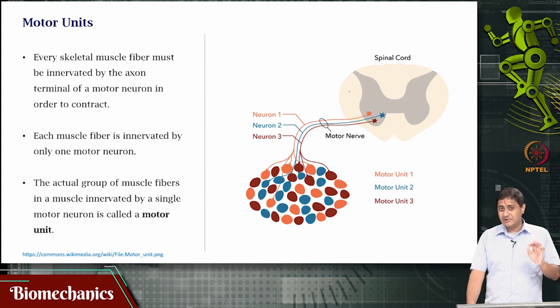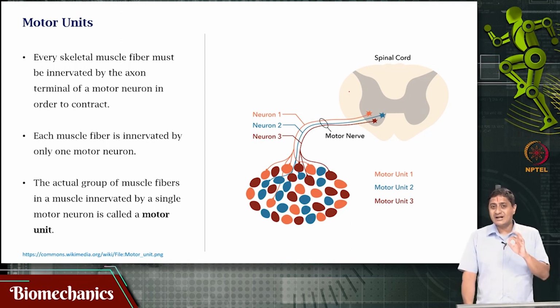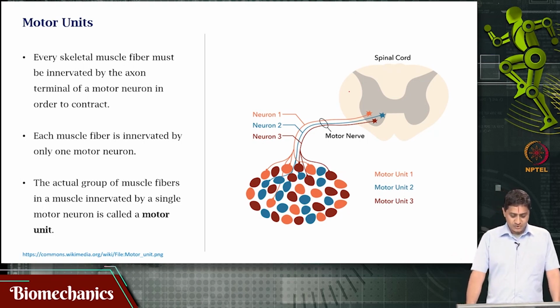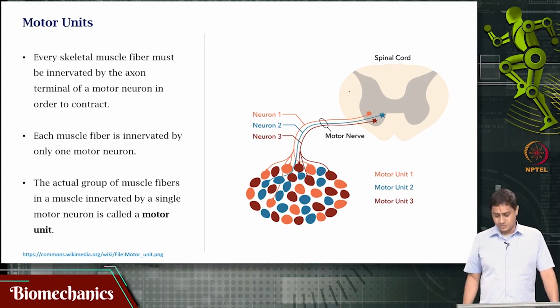A given fiber is innervated by exactly one motor neuron, but any given motor neuron can and usually does innervate many fibers. Okay. So, the set of all fibers that are innervated by a single motor neuron is called a motor unit. Okay. So, here you have this motor neuron and the set of all fibers that are innervated by this motor neuron are all coded in the brown color here.